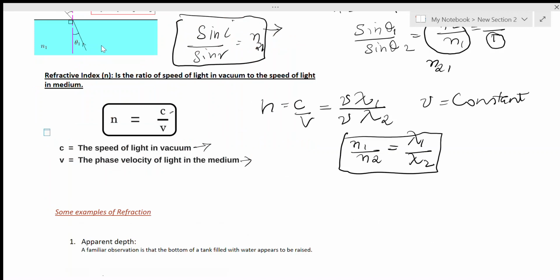There is another formula for finding the refractive index in terms of wavelength, that is called Cauchy's formula. So I'll write here what is Cauchy's formula. The refractive index n is equal to a plus b by lambda square, where a and b are constants.